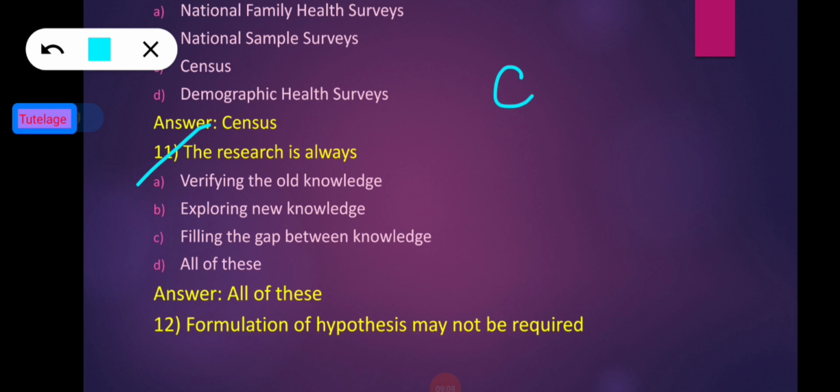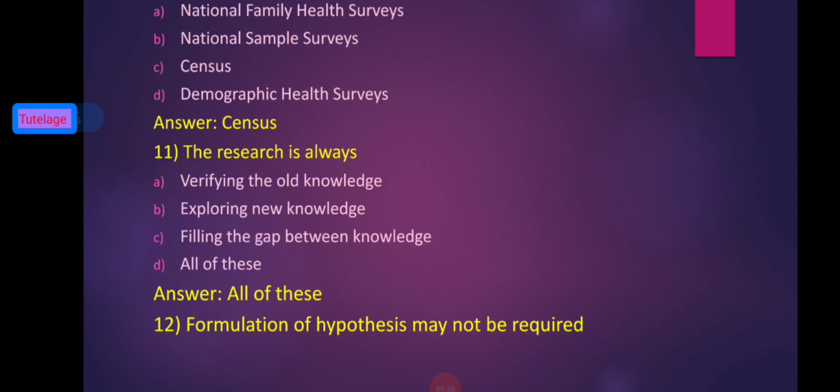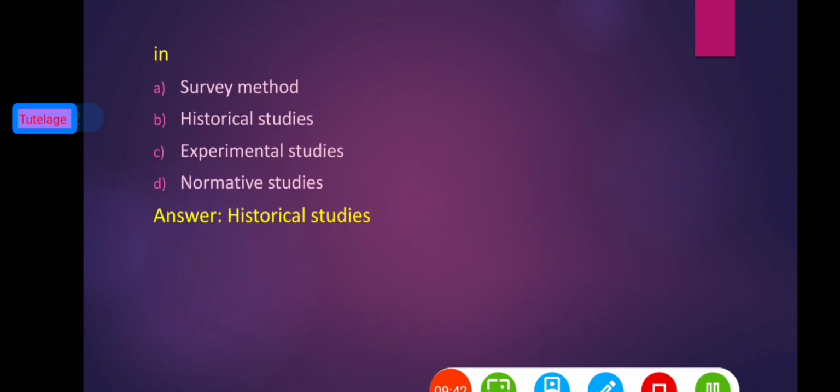The research is always verifying the old knowledge, exploring the new knowledge, filling the gap between knowledge, and all of these. So, we all know that research is always verifying the old knowledge, exploring the new one, and filling the gap between the old and new knowledge. So, all of these, option number D is the correct answer. So, now move on to the next question. Formulation of hypothesis may not be required in survey method, historical studies, experimental studies, and normative studies.